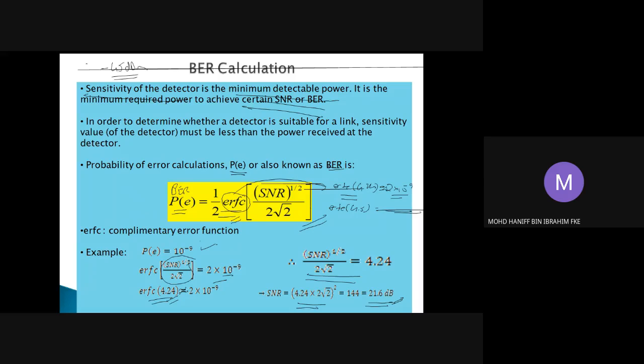So for the BER of 10 to the power of negative 9, your SNR is 21.6 dB. This is just an example of how we can relate the BER and the SNR, obtained from these equations.